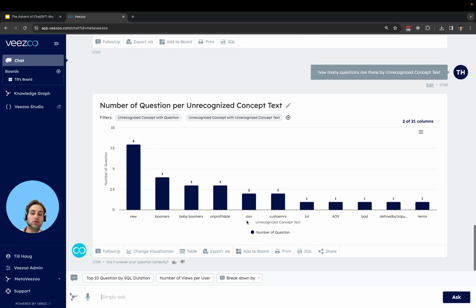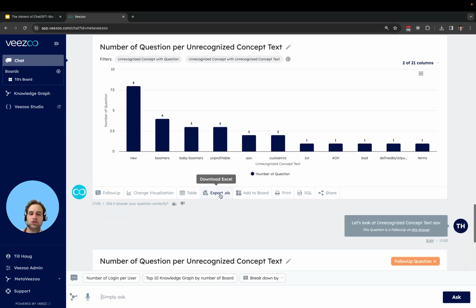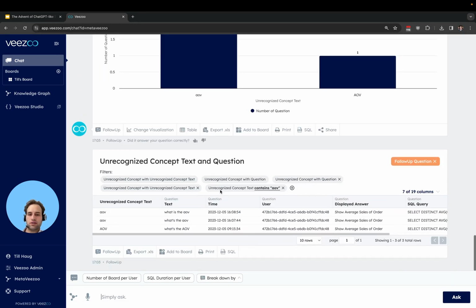So this is when users were asking about an AOV, but this term hasn't yet been defined in the knowledge graph. It will give the user a warning, hey, I'm not entirely sure what you mean by AOV, but here's a potential answer. And the data team can see in here the actual questions and the user that has asked them.